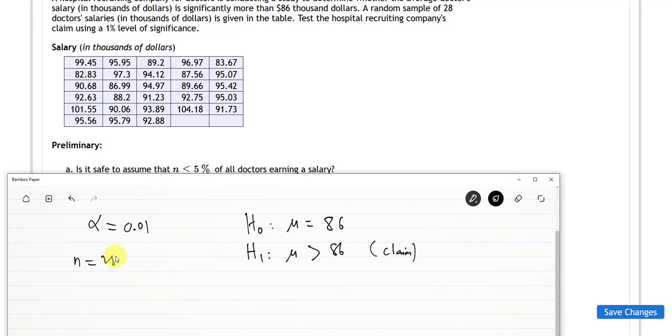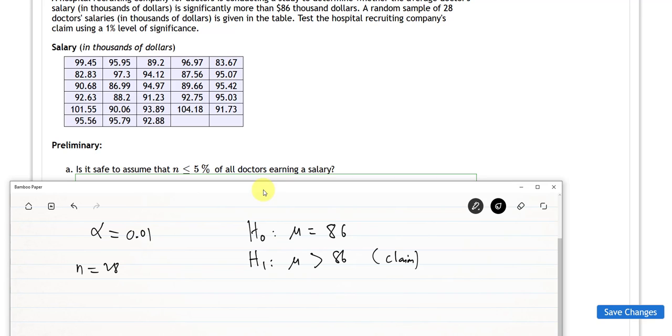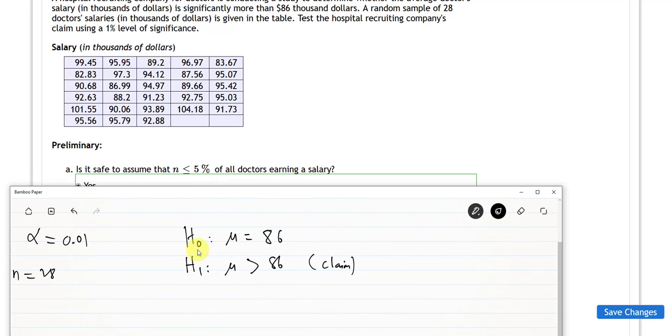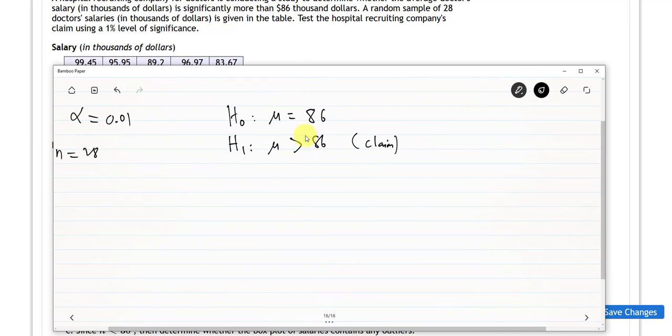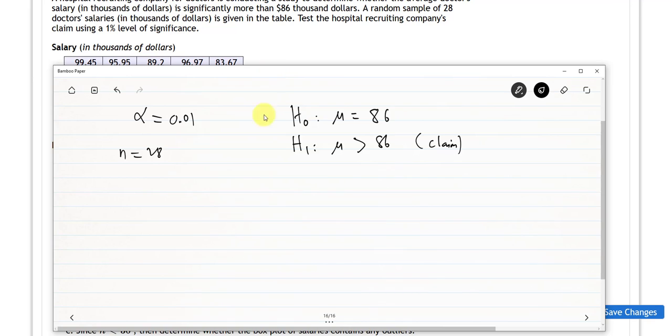So the table here displays only 28 values of the doctors' salaries, and we have a lot of doctors in the US. So 28 is surely less than 5% of all the doctors earning salary. So yes, the answer is yes. It is safe to say that it is less than 5%.